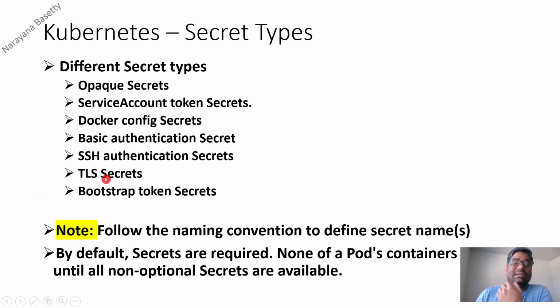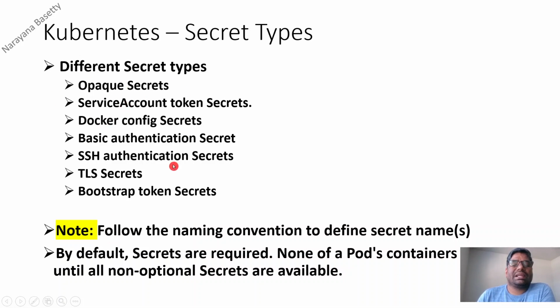Then TLS level support: whenever we are going to use any transport, say for example HTTP level, the appropriate certificates it will expect, and bootstrap token secret. So likewise, a different variety of secrets is supported. You need to choose as per your application needs which suits.